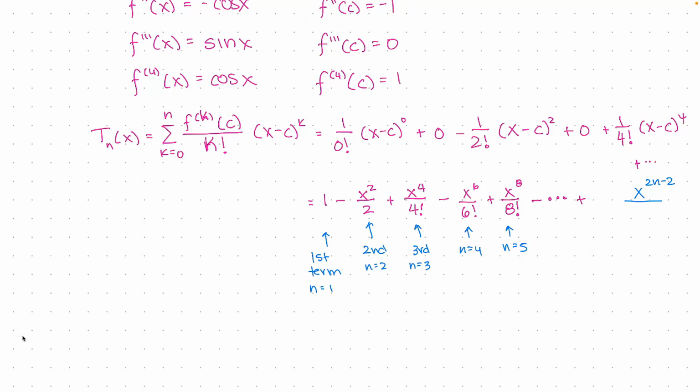And now you see the exponent. What's the denominator? How can we write the denominator? Yeah. 2n minus 2 factorial. Now I left a little space in the front because we have to take care of the alternating signs. But that takes care of the terms themselves. The alternating signs come from doing negative 1 to some power.